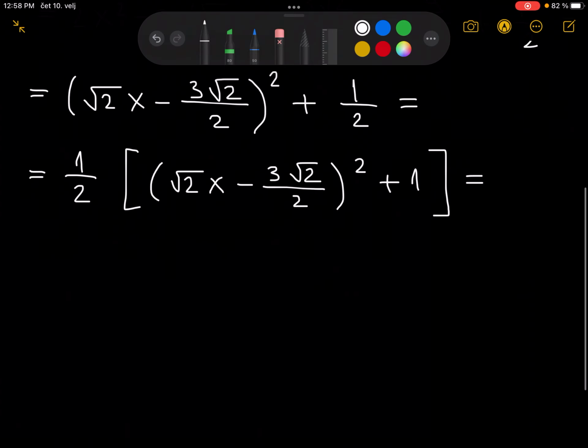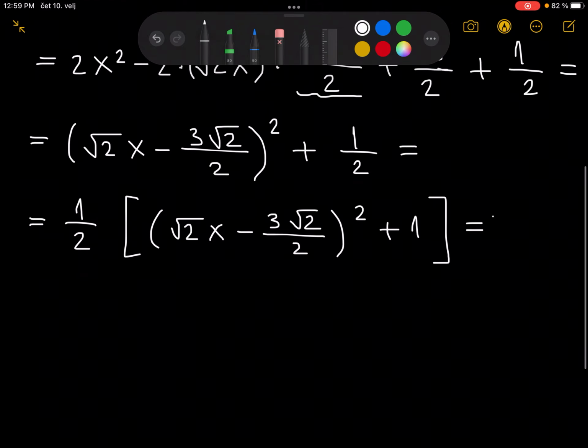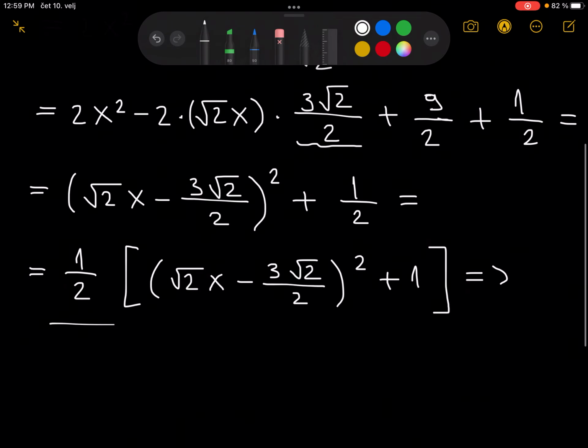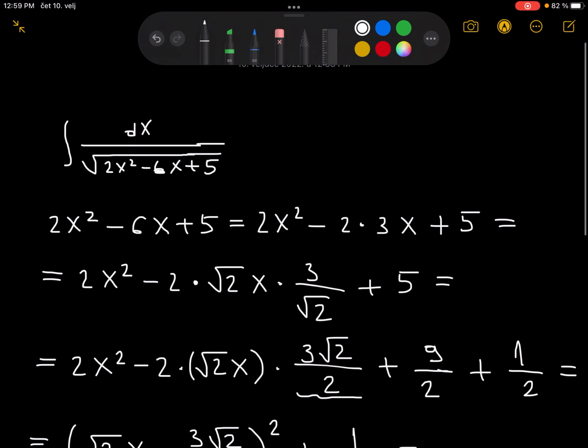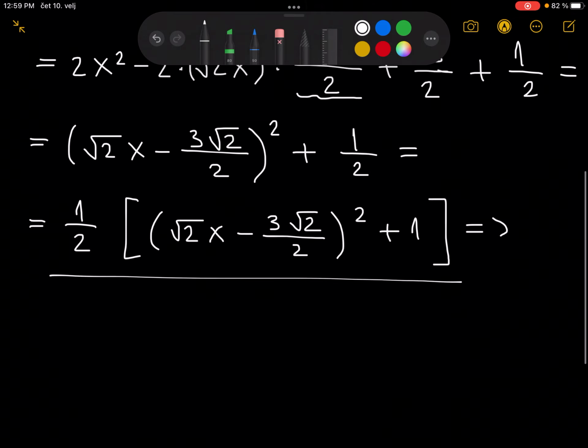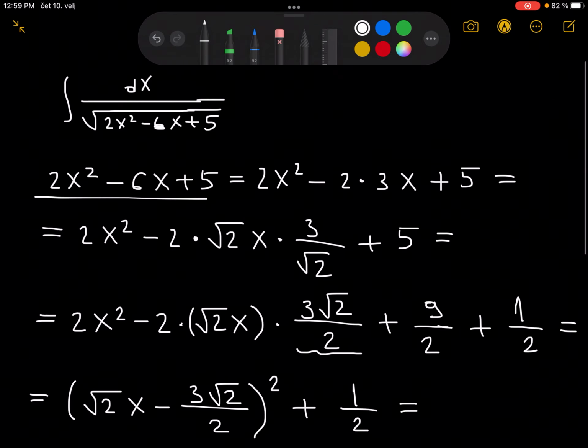Or when we factor out the square root of 2 from right here, we'll get the square root of 2 squared, but that won't help us in any significant manner. Now that we know this, this here is the same as this here.